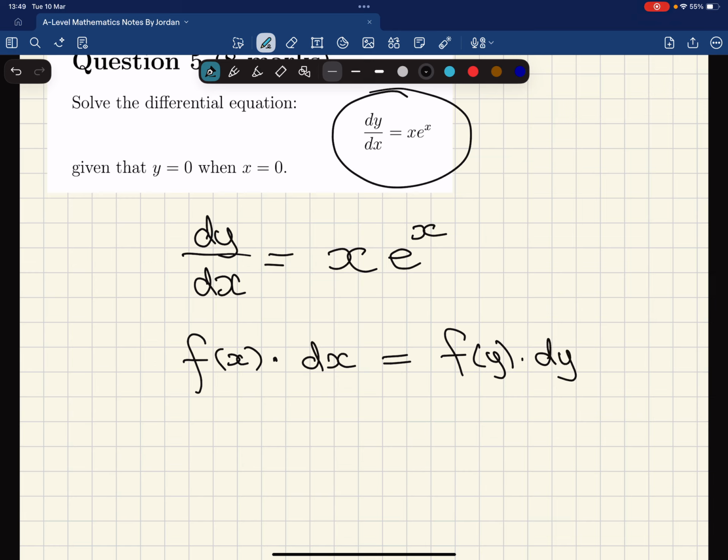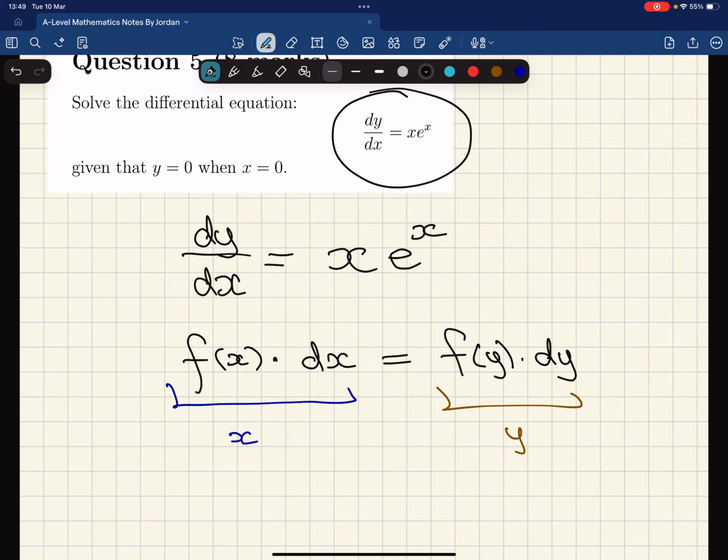Now essentially what you should notice here is that everything on the left side is to do with x and everything on the right side is to do with y. So that's how we would like to split it up. We call this separating the variables.